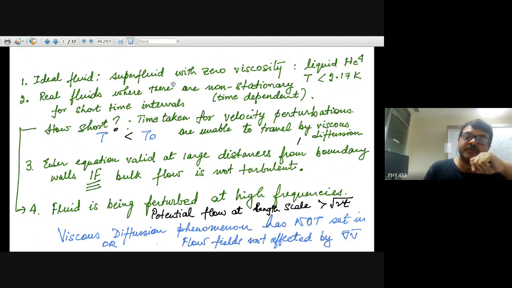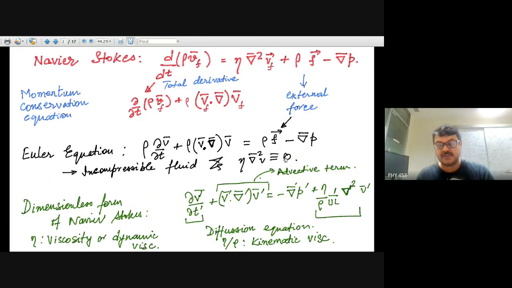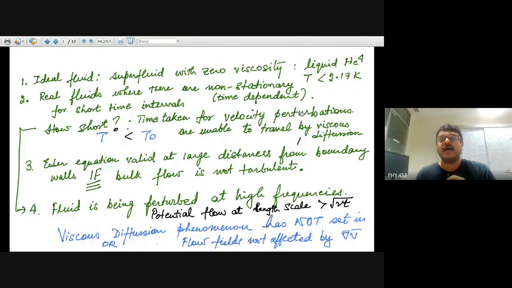It's of course valid for a superfluid, which has actually 0 viscosity, and then you can write this equal to 0. Liquid helium at temperature less than 2.17 Kelvin is a superfluid. But you can also apply the Euler equation to study flows for real fluids when they are non-stationary. What does non-stationary mean? Time-dependent flows for short time intervals.